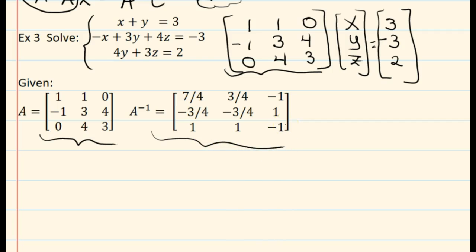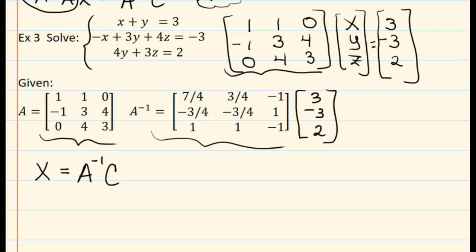Remember what we just finished writing, that if you want to find X, or all the variables, our variable matrix, then get A inverse and multiply it times the answer column.